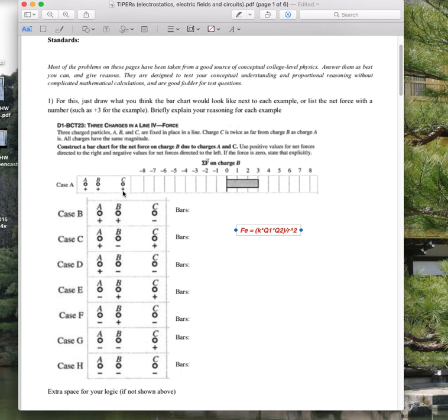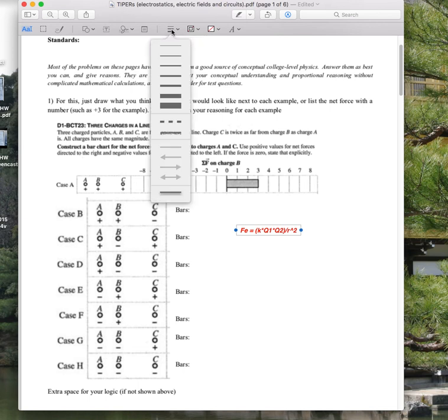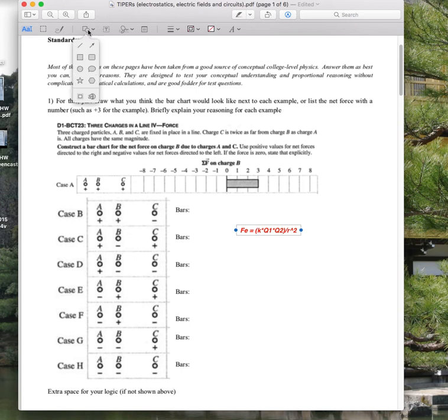So I'm going to think of this as causing 1 unit of force between them, and that would act to the left. So on B here, I've got 1 unit of force to the left because these repel.